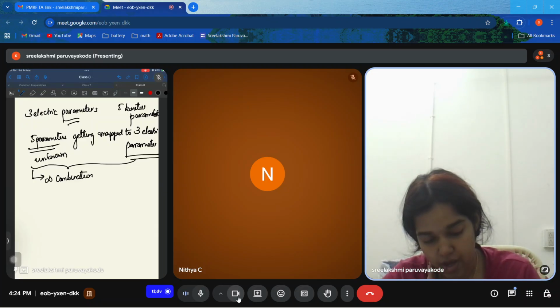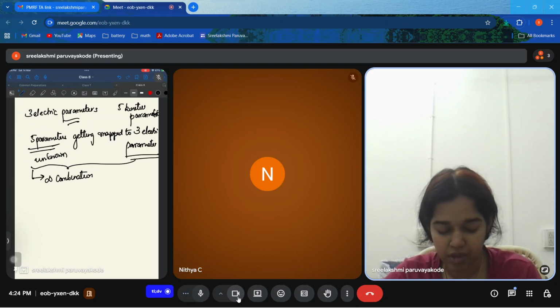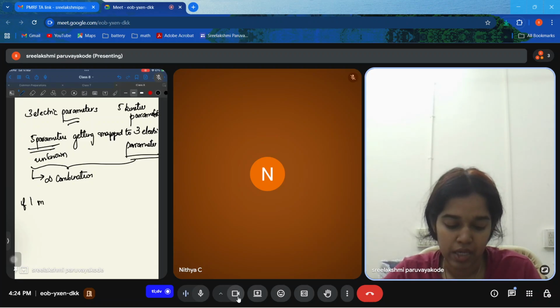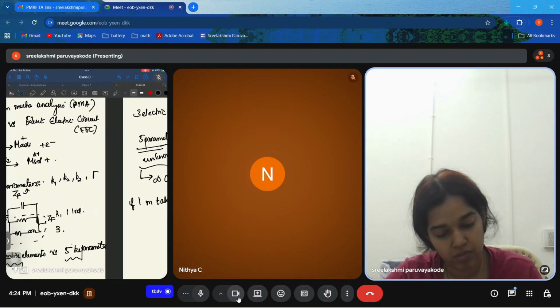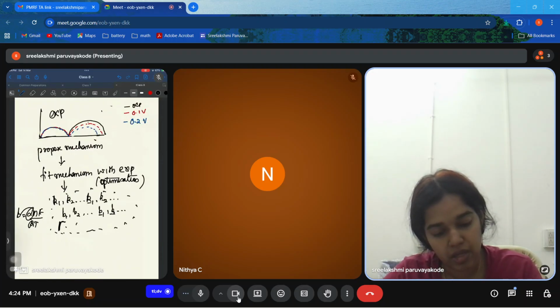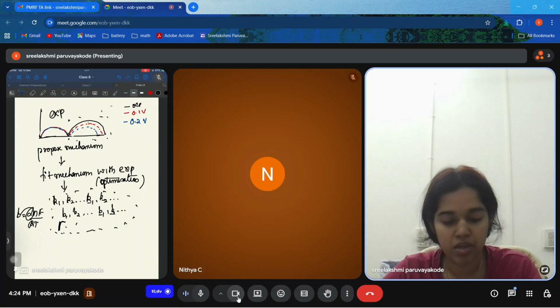But now if I am taking data at 2 DC potentials, like here, what happens? This portion, due to ZF, keeps on changing.